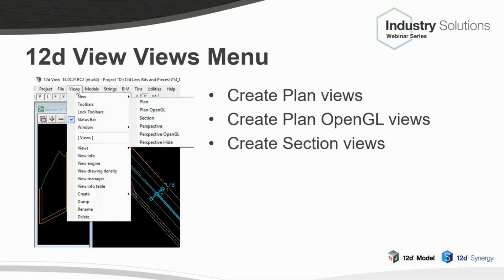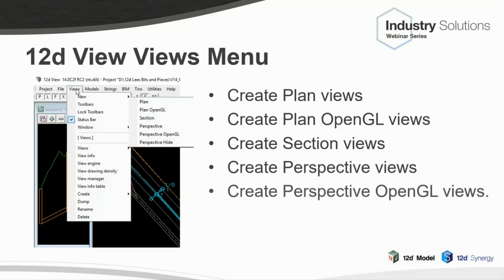All the options on section views, they still are there in 12D view, so you can pick and profile an existing string. Actually, you can see one there just on the left-hand side where we're profiling one. And you can also dynamic move around. When you move around your section view, you see where you are in the other views. All those things work exactly as in 12D model.